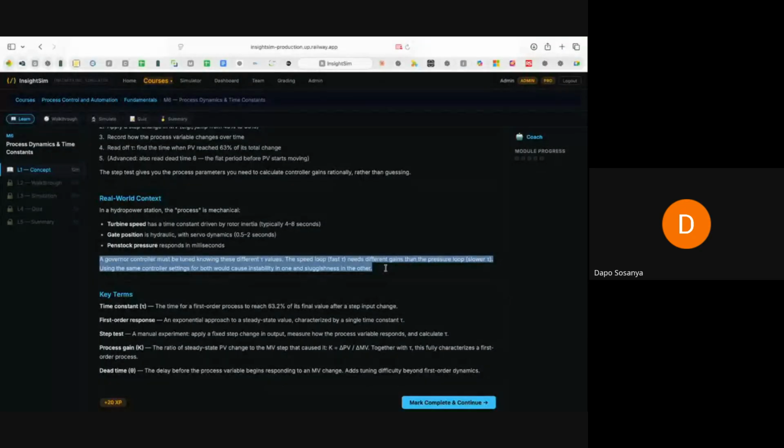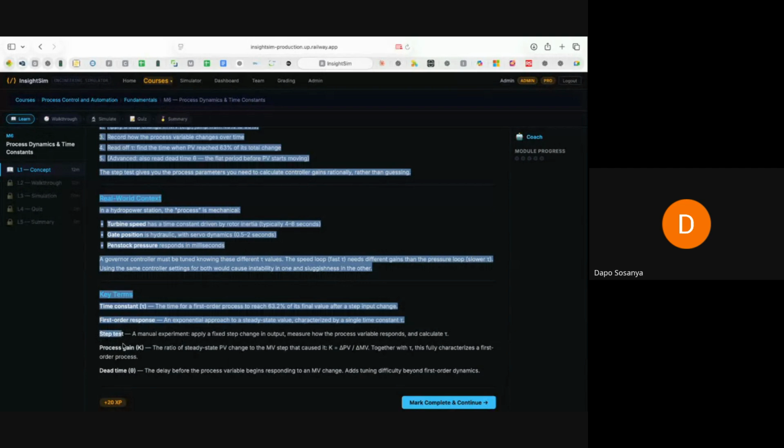So the key terms here: we have the time constant, we have the first order response, which is an exponential approach to steady state value characterized by a single time constant. The step test, the process gain, and then the dead time.